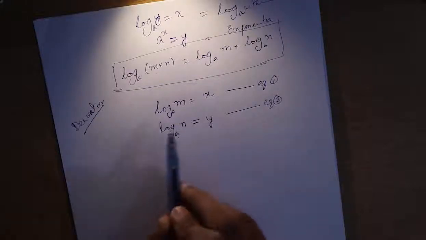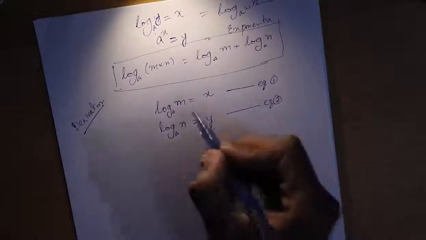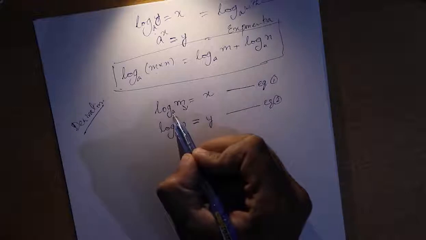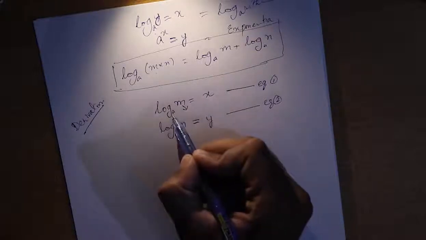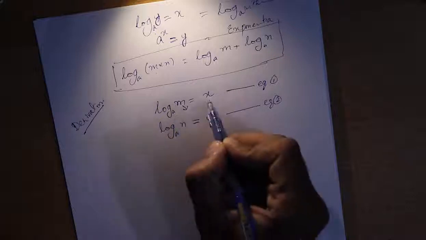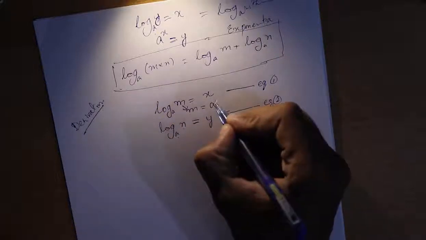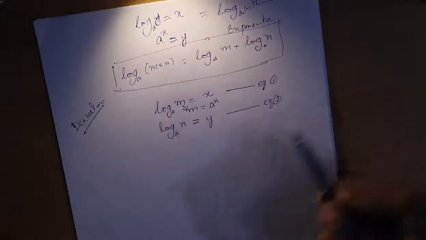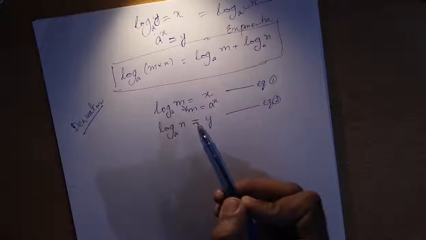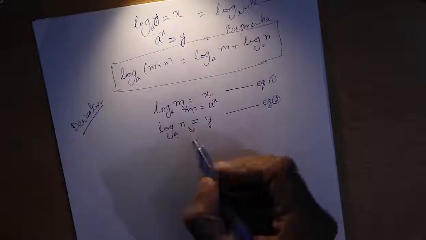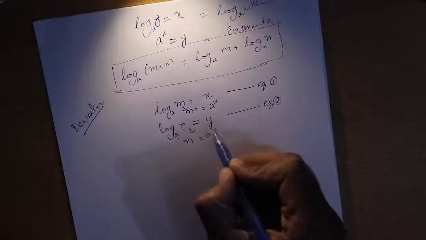We can convert these logarithm equations into exponential equations by simply writing it on the base a. If you raise the base a to the x, you will get the value of m. We can simply write it as m equals a raised to the x. Similarly, you can write n equals a raised to the y.